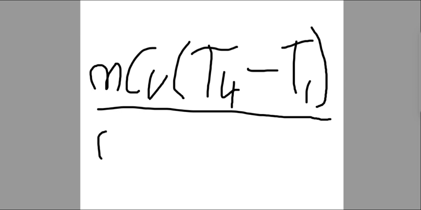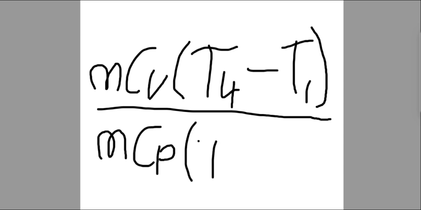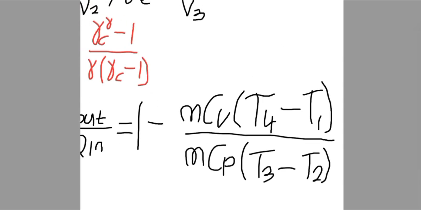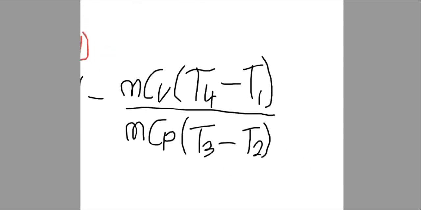We are going to be having our mass M, Cp, then it is going to be T3 minus T2. So that is what is going to be here. And so if we advance from here, we already know that our m cancels our m over here. So what is left is this.